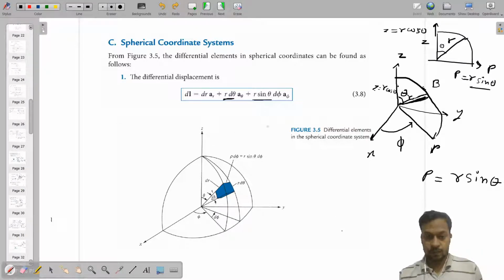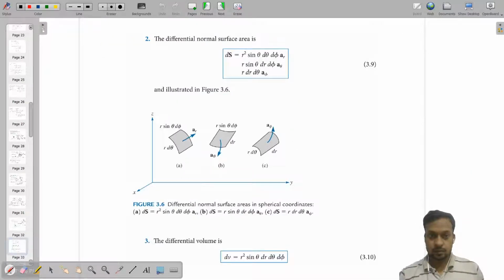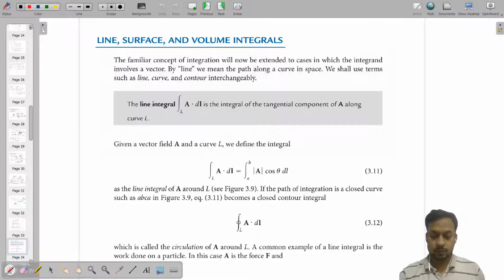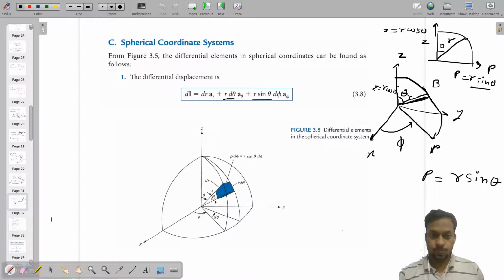Here we have a differential length in this coordinate system. We have the unit vectors. One unit vector is radially outward to the radius, a_r.